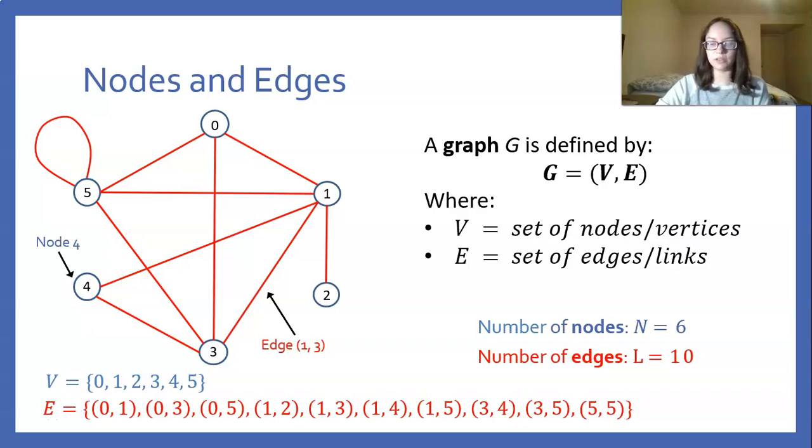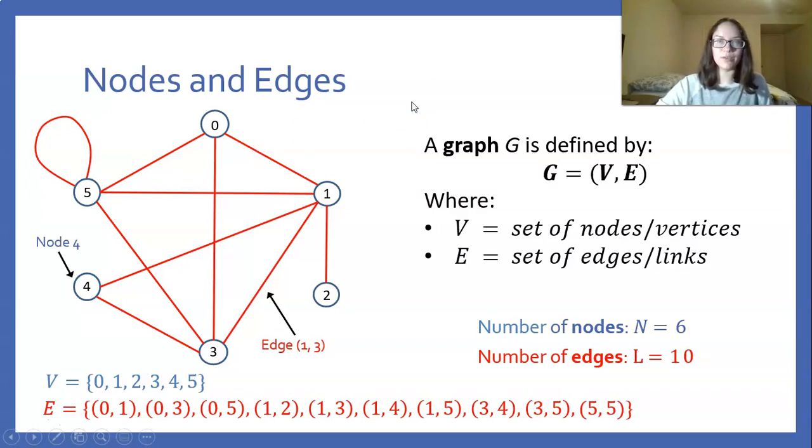We'll talk a little bit more about what you can and can't have in a graph. Right now you can see right away that we have a self loop, or self edge, right here, which is just an edge from 5 to 5. This is perfectly reasonable. You can use this in a graph if you'd like to.